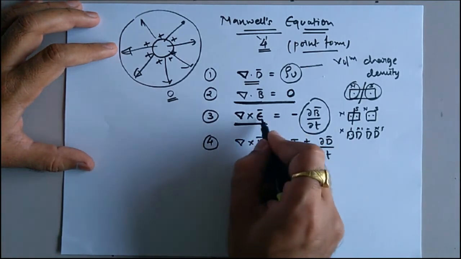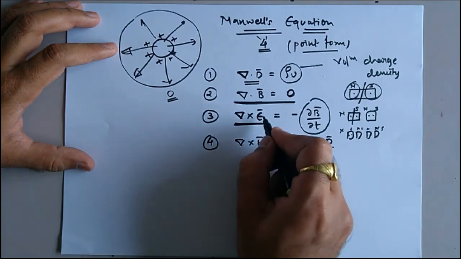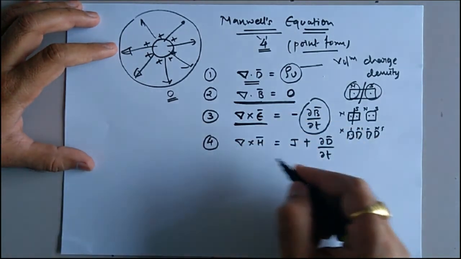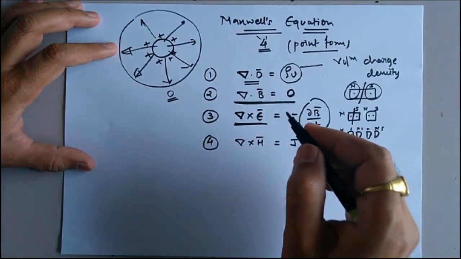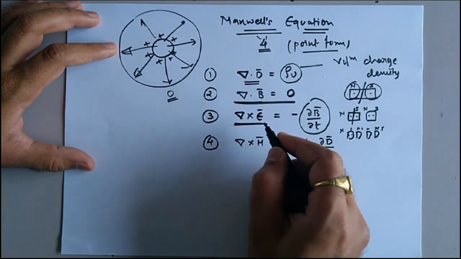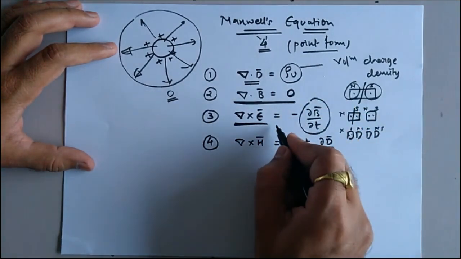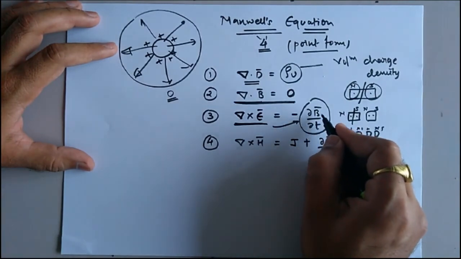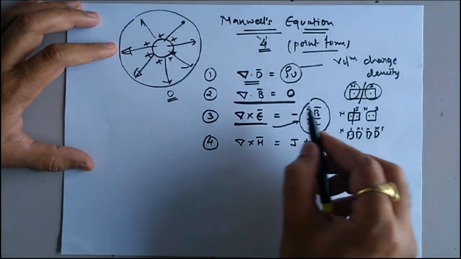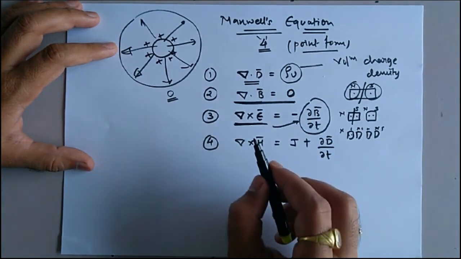So with the help of this curl we are trying to identify how the electric field is going to rotate with respect to given space. And when we make that particular arrangement in which we are capable of creating the space variation of electric field in a given space, then it is responsible for the creation of time varying magnetic field. That means from electric field we can generate magnetic field. That is the significance of equation number 3.